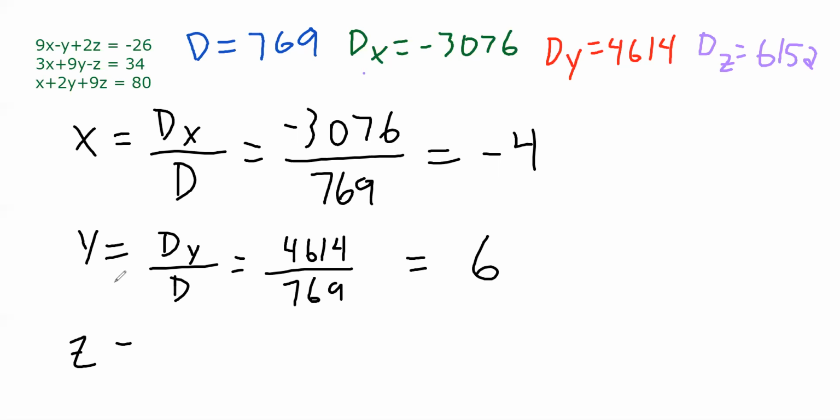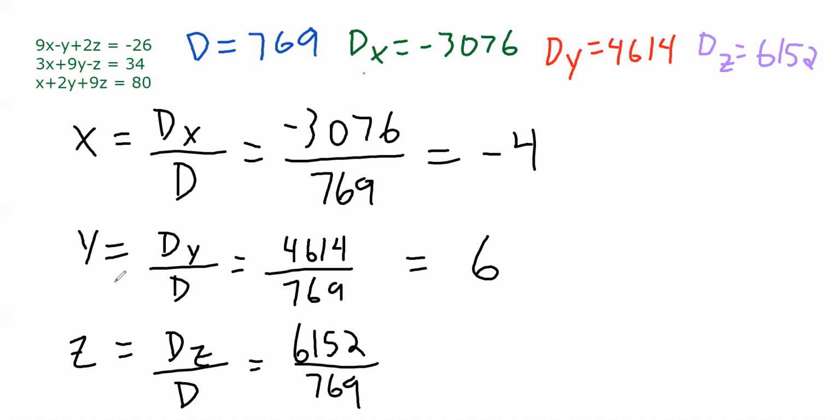And then the z solution is going to be our dz determinant divided by d, 6152 divided by 769. That's going to give you a nice clean 8.